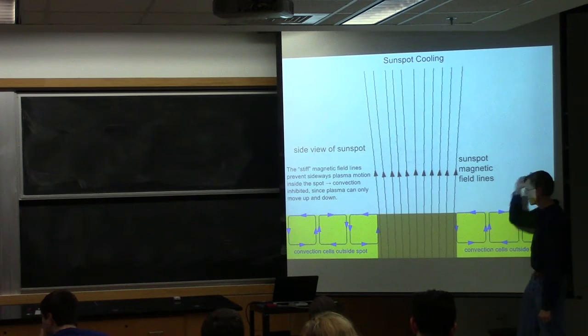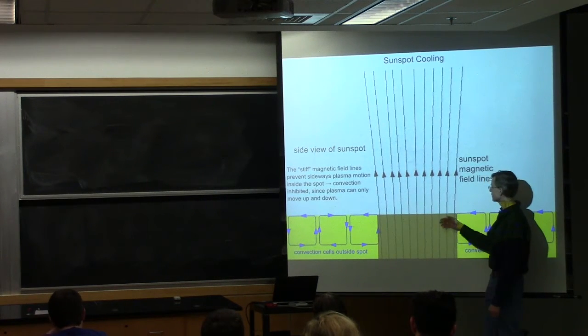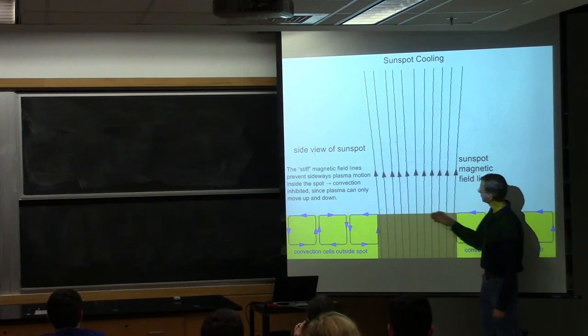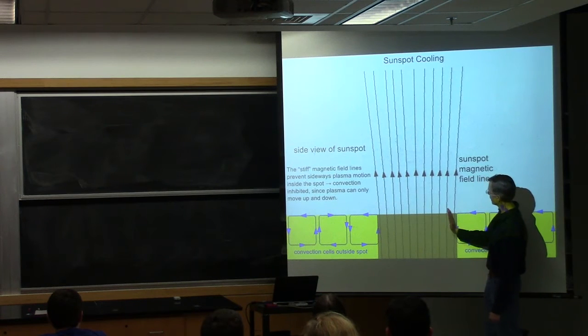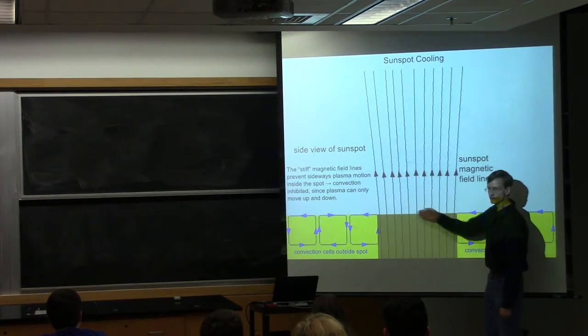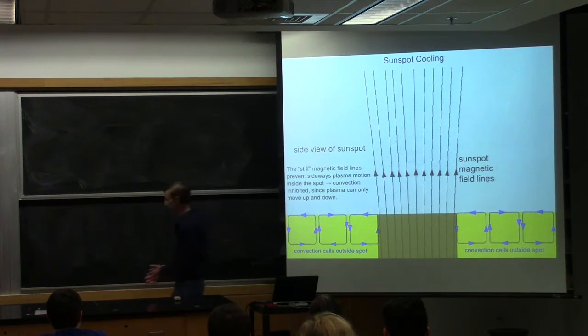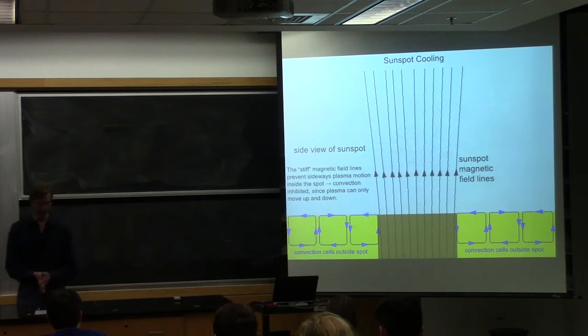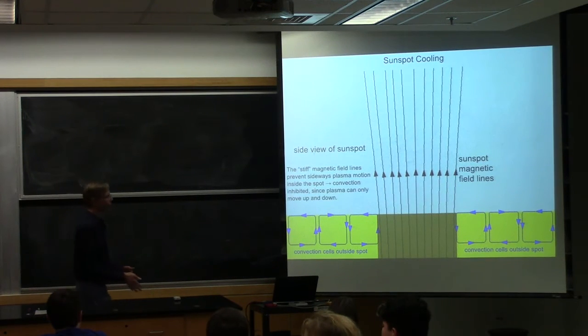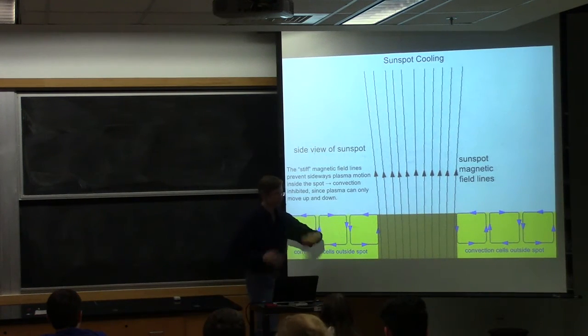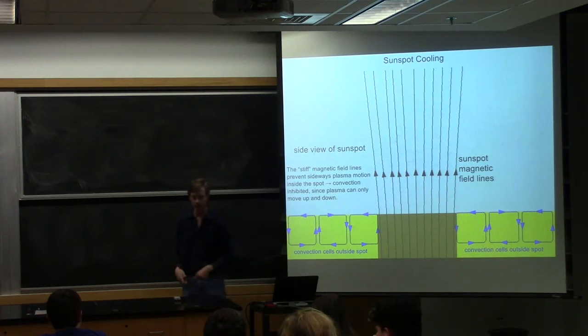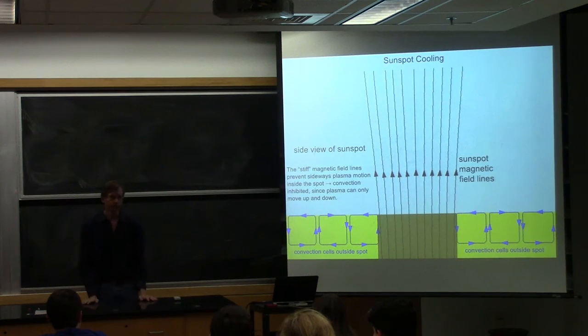And in the sunspot, you have these strong magnetic field lines, which are saying, you're not going to bend us, you're not going to move us around. As a result, the plasma isn't able to go side to side, and therefore that switches off convection inside the spot. That's going to choke off the flow of energy from below, because convection is how the sun transports energy upwards in its outer layers.